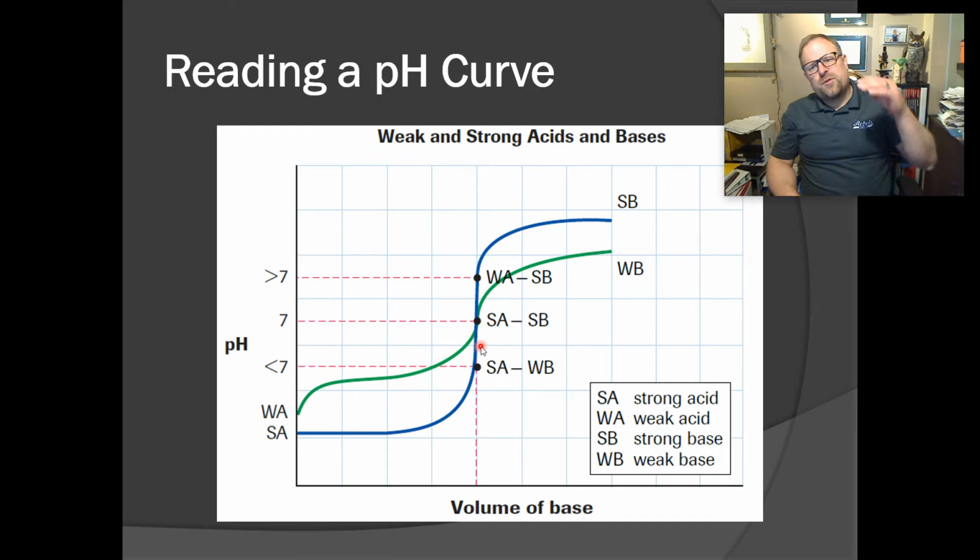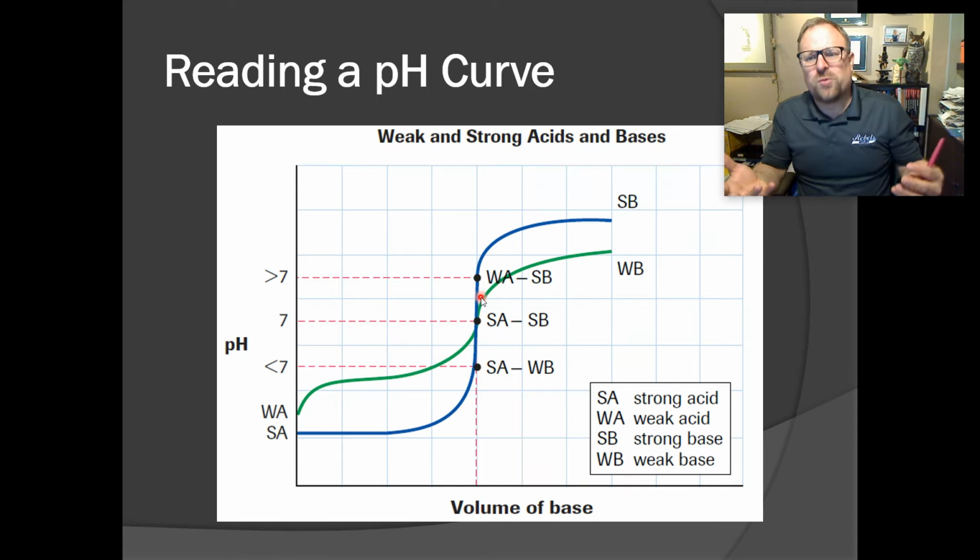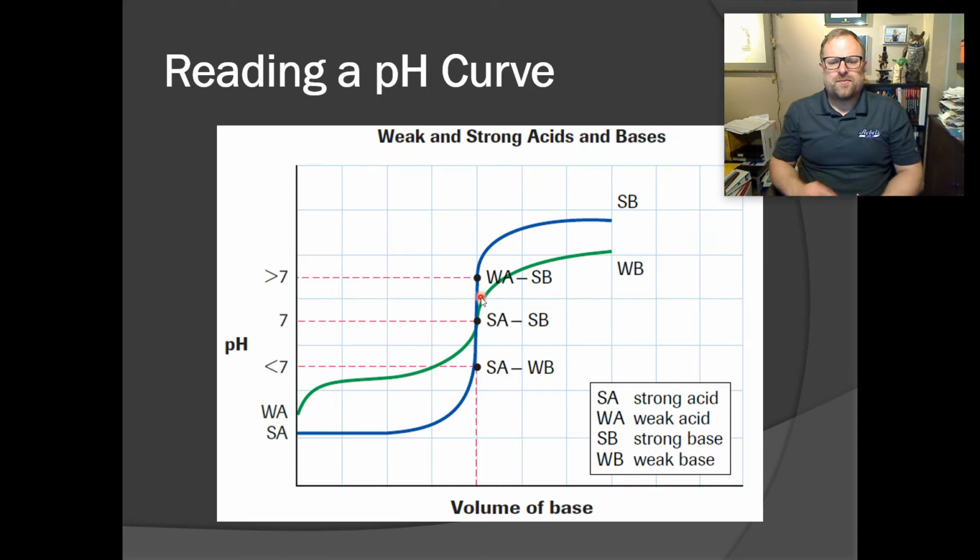If we did a weak acid with a strong base, so here's our weak acid starting here, we would end up with an equivalence point above 7 because the strong base is overruling the weak acid. If you do a weak acid with a weak base, you still get an equivalence point of right around 7.